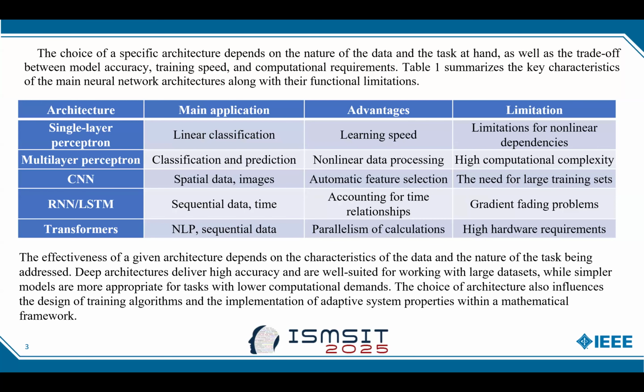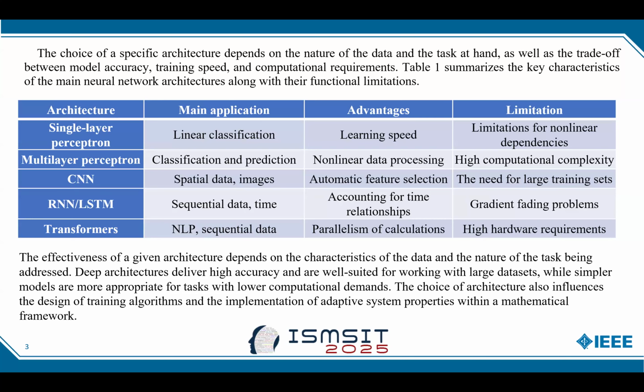Choosing the right neural network architecture is crucial. It depends on the nature of your data and the task at hand, as well as the trade-off between accuracy, training speed, and resource requirements. Table 1 here summarizes the key characteristics of the main neural network architectures along with their functional limitations.